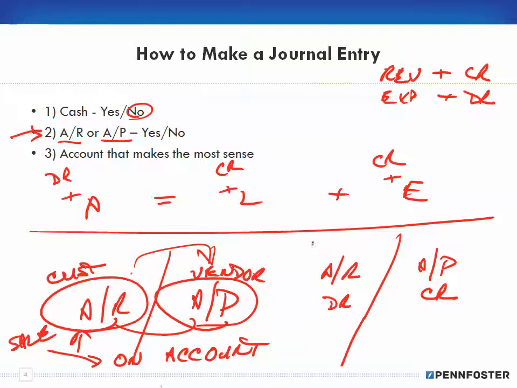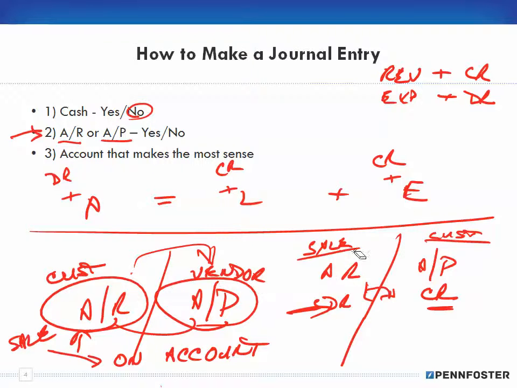You're making the sale, so you would debit your accounts receivable. But on the customer's set of books, it's accounts payable because they owe it, and for them it's going to be a credit. That's what I mean by two sides of the same coin. They're both on account, but they're opposite of each other. So if you know one, you know the other.